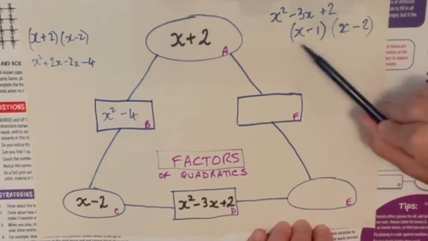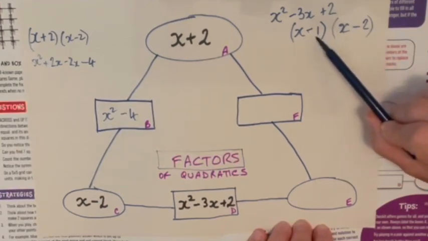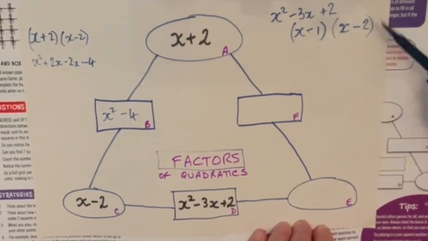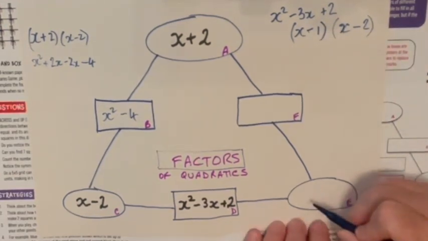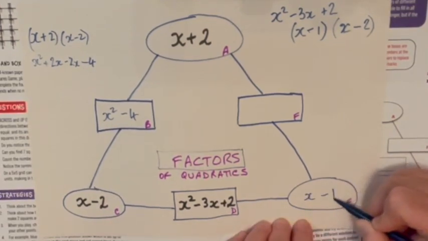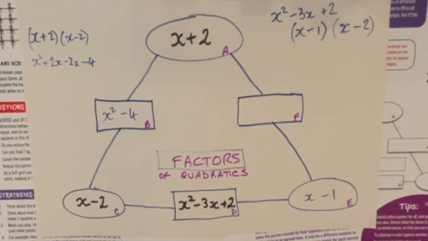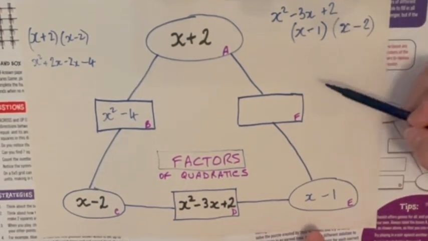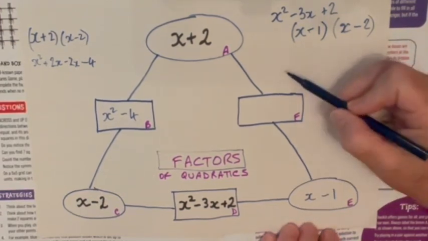And if I expand that, then it's minus x minus 2x, and that's minus 3x. So I think this one is x minus 1. I've done the same in my puzzle. And now finally, now it's easy.